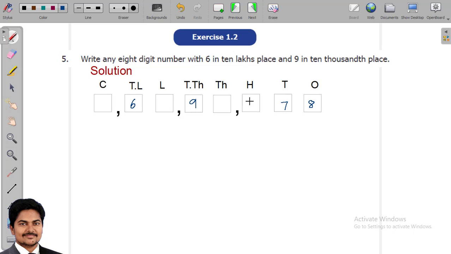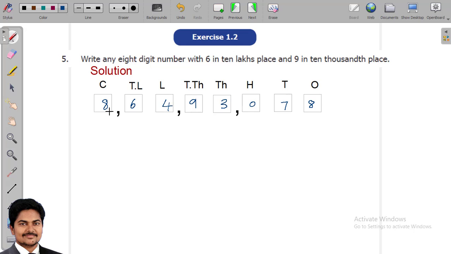Here I want to place 0, and in thousands place any number from 0 to 9. I want to place 3 in this place, and lakhs place also I want to place 4. Listen students, in crores place we cannot put 0. We are having the option only 1 to 9. So put any number from 1 to 9. I place 8 in crores place.